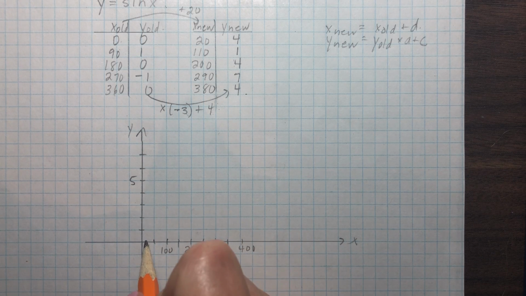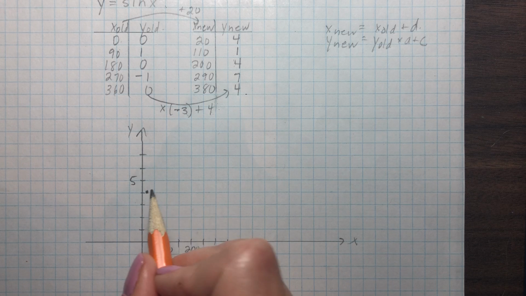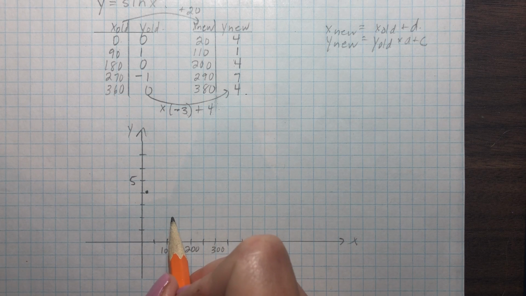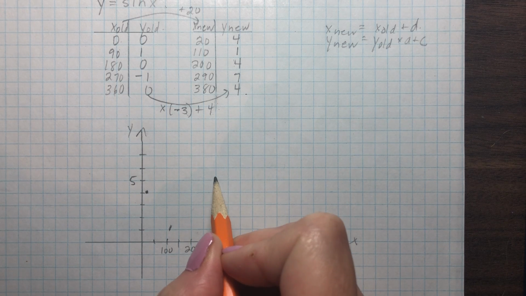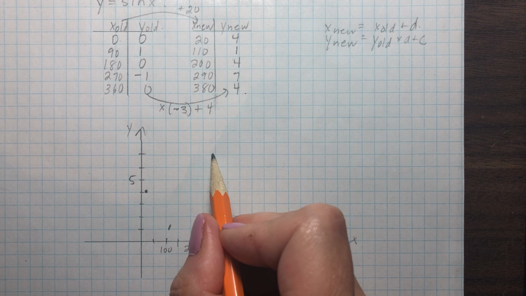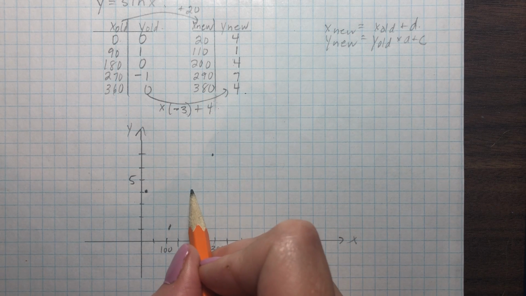So 20 and 4 would be somewhere down here. 110 and 1. 290 and 7. I missed 200 and 4 here.